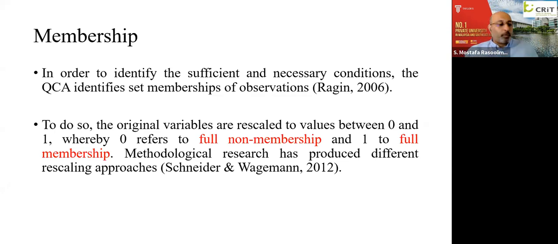But to perform QCA and fsQCA, we need to do some steps. Without these steps, we are not able to perform QCA. The first step for performing QCA is membership. We need to assign membership to all variables for each case.